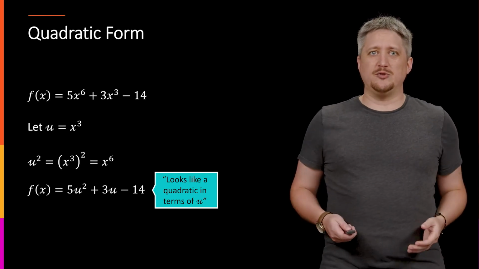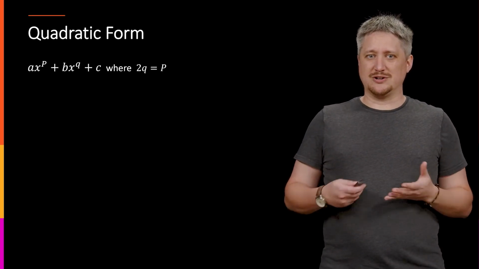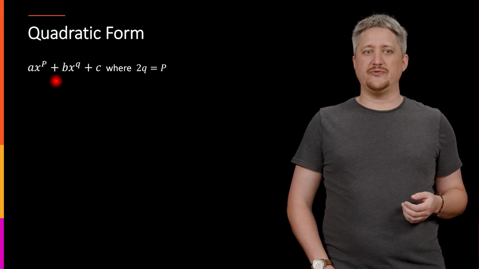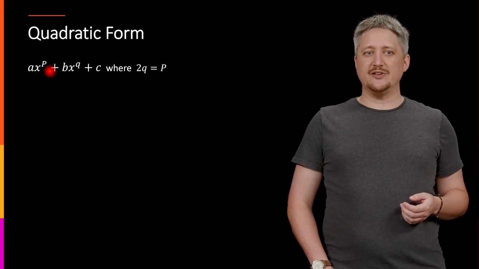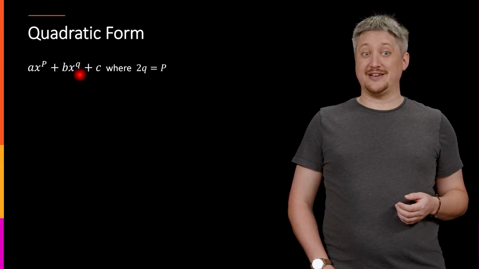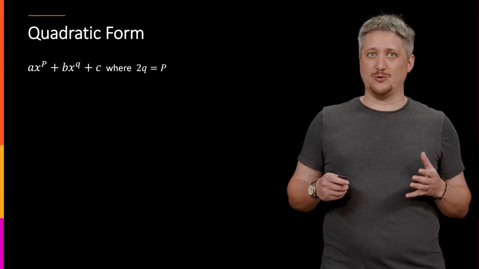So we've seen an example, but let's dive in a little more clearly into what that means. If we have a function of this form, like ax to some power, bx to some power, and c, where that first power is twice as big as that second power, that's what we mean by quadratic form.